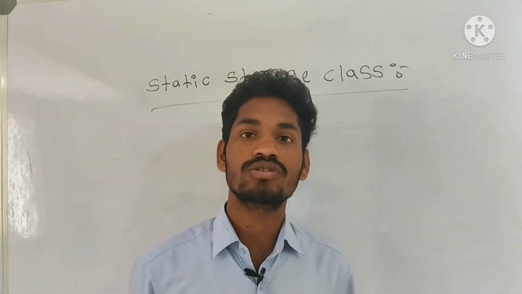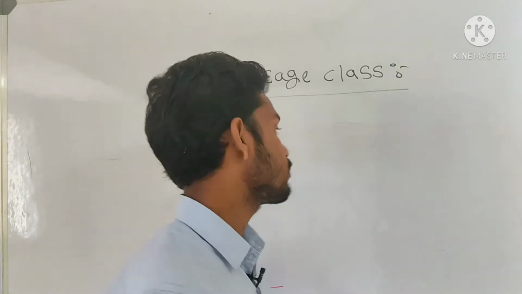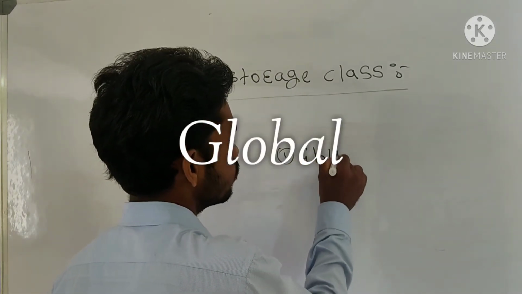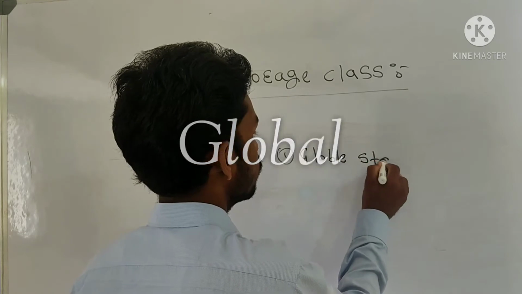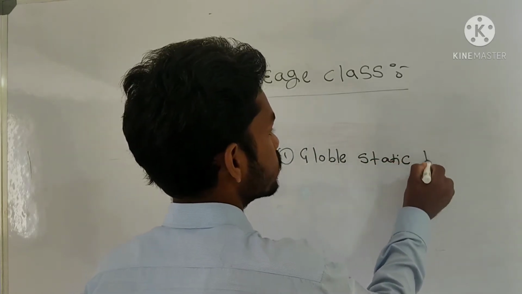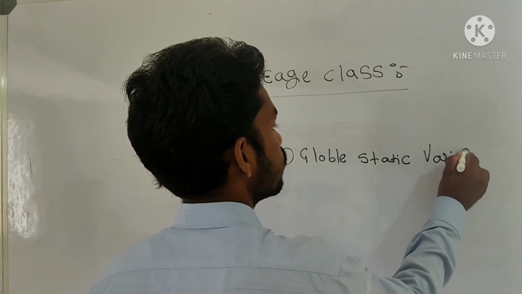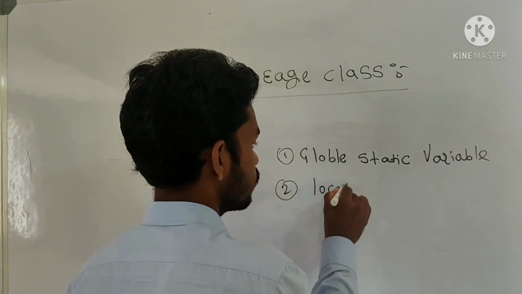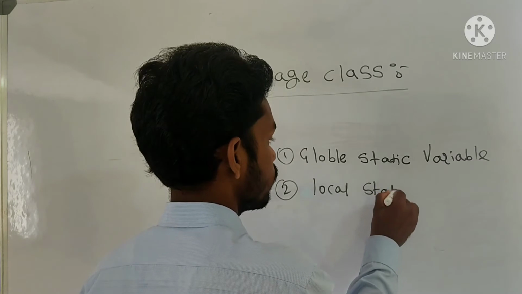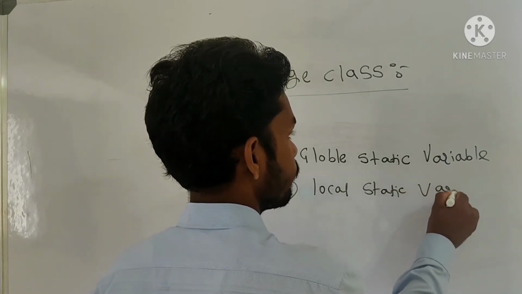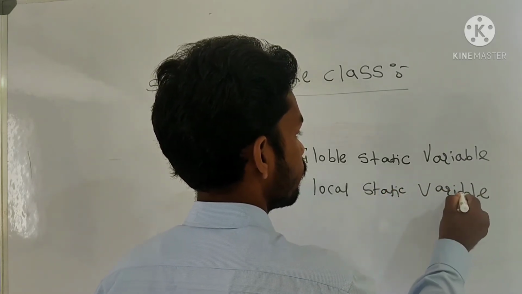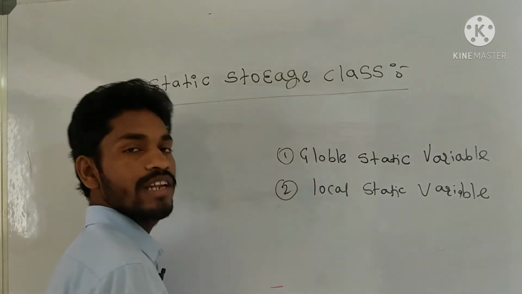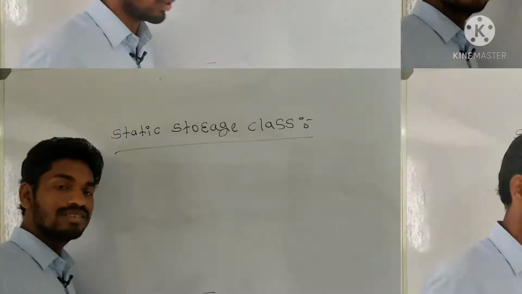Basically there are two types of static variable. One is the global static variable, and the second one is the local static variable.